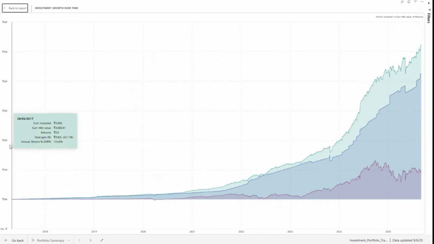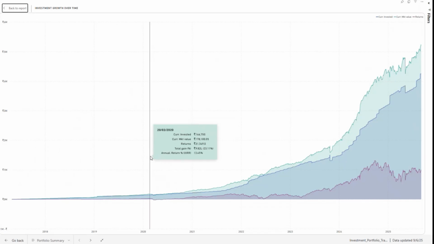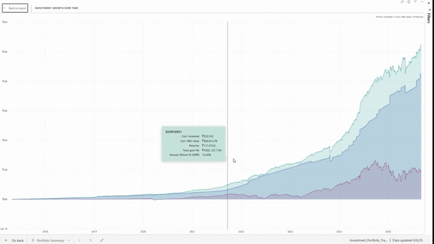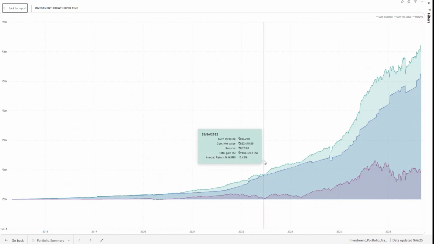But you are investing from 2017, and in 2022 your return even came down to negative 11,000, and then came down to only 8,000 for the investment of 8 lakh rupees, and the market value is 8 lakh 22,000, and you got a return of only 8,253.